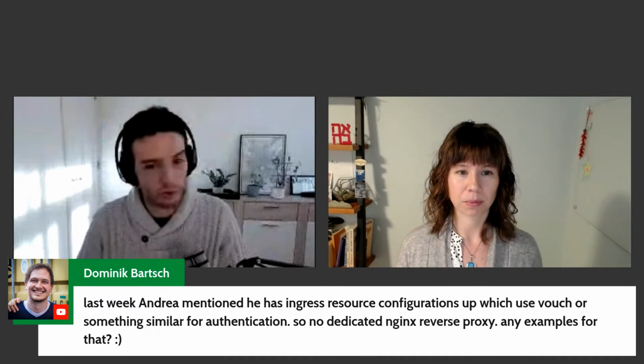You were mentioning in particular configuration which uses Vouch, an external authentication system. Last week I shared a little snippet for that in the YouTube chat, so check out the presentation from last Monday. If not, find me at Giardini Andrea on Twitter, and I will make sure I share it with you.